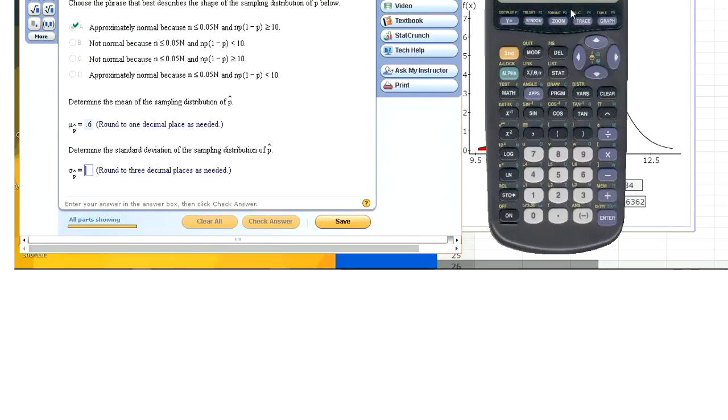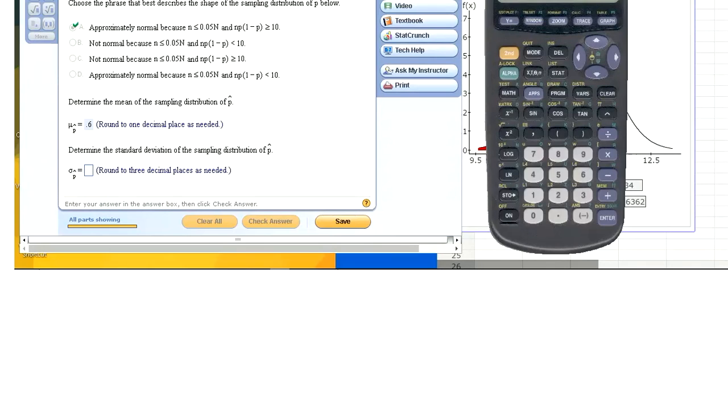The standard deviation follows a formula. It's going to be the square root of p, that's 0.6, times 1 minus 0.6, p times 1 minus p, divided by the sample size. I'm square rooting the whole fraction.